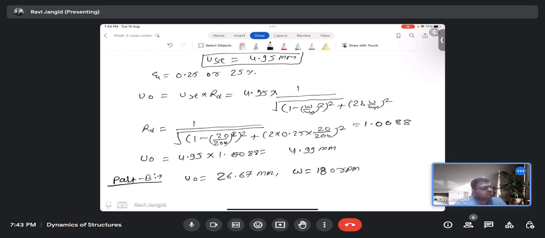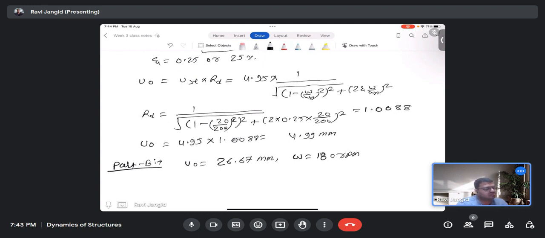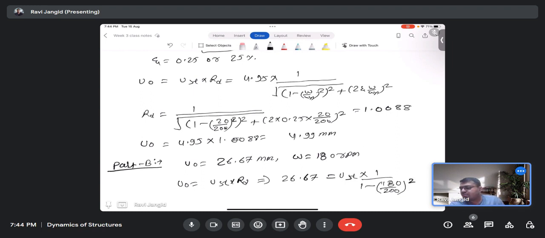First find ust. u naught is equal to ust into Rd, so 26.67 equals ust into Rd, where Rd is 1 over 1 minus (180 by 200) squared. So what is my ust from there? 5.0673.